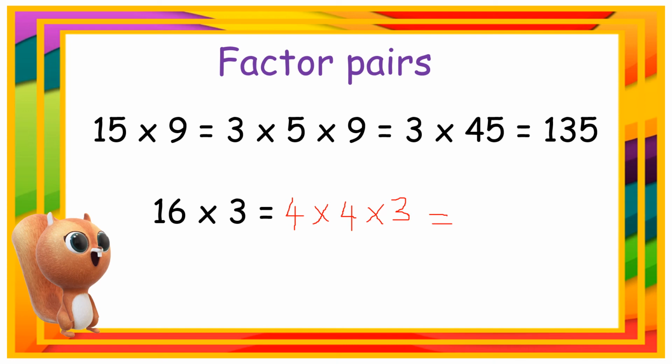So 4 multiply 3 would give me 12, and 4 times 12, my times table, is 48. Did you get 48 as your answer? If you did, well done, and a big thumbs up to you.